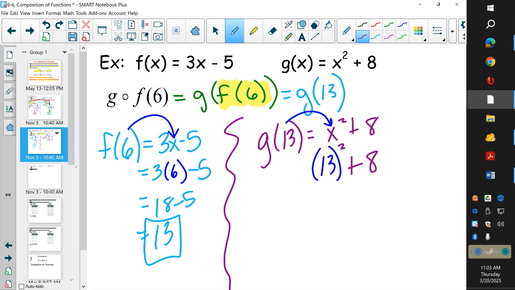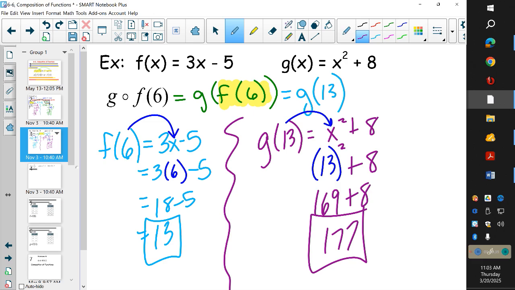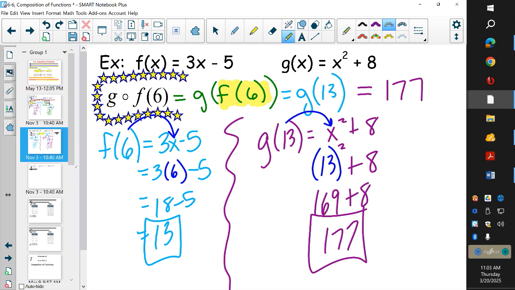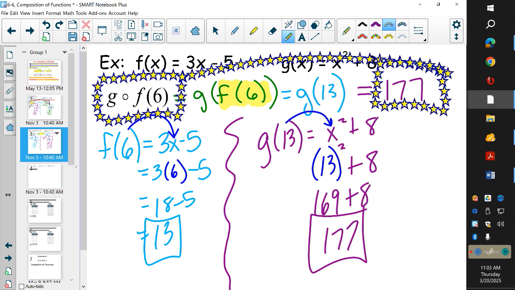Yes? 13 squared? 169 plus 8? 177. Okay? What does 177 represent? G at 13, which is the same exact thing as doing G of F at 6. Yes? Do we understand that?